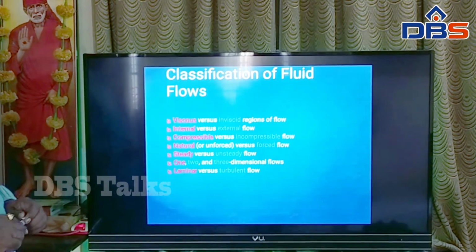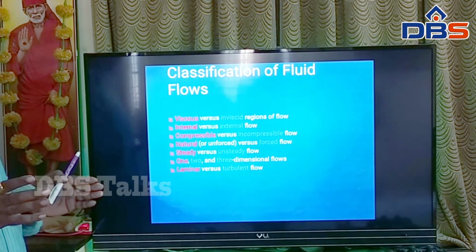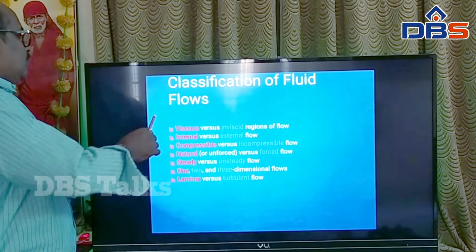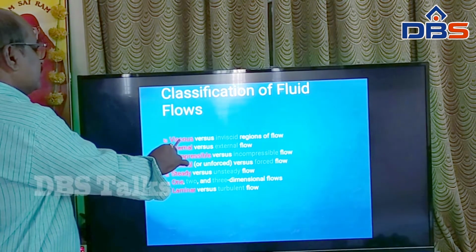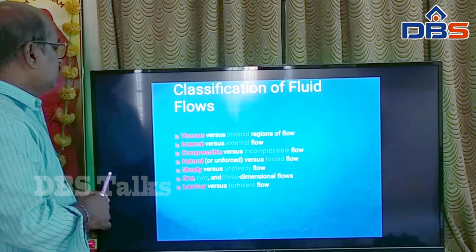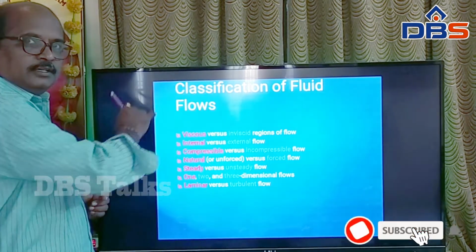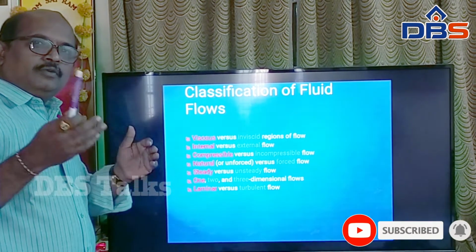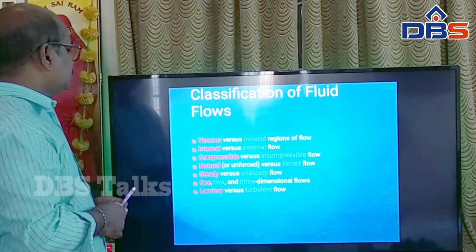Now we'll see what are the different types of flow in convective heat transfer. So convective heat transfer coefficient we will discuss for various viscous flows and non-viscous flows, and there will be internal flows and external flows. In both the cases we have to find out what is the convective heat transfer coefficient, how much heat transfer takes place.